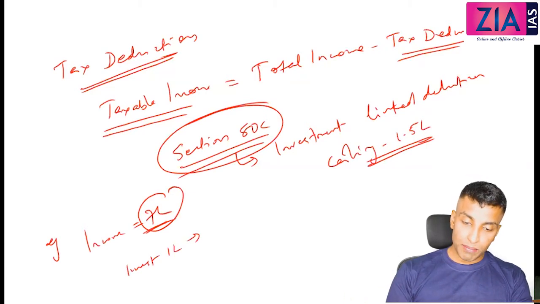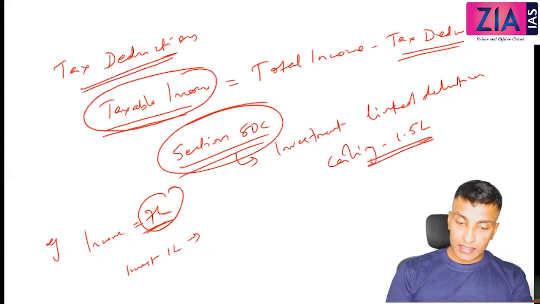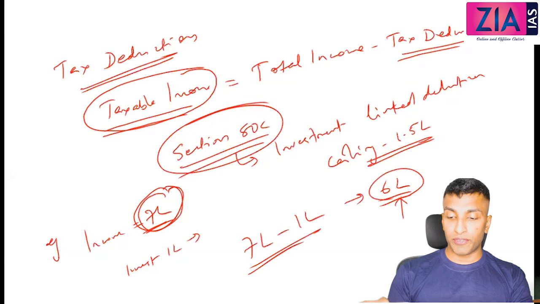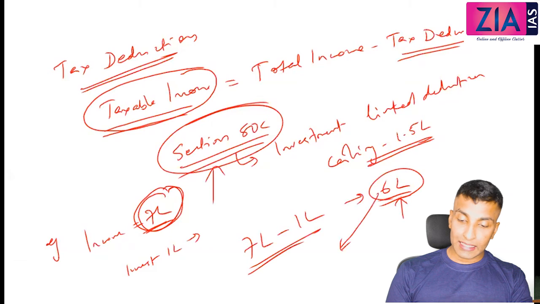Then what is your taxable income? The taxable income in this context is 7 lakh, which is your income, minus the 1 lakh investment. So your taxable income is how much? 6 lakh. So your taxable income is calculated after adjusting it with the tax deduction with respect to this. So now 6 lakh is the taxable income.